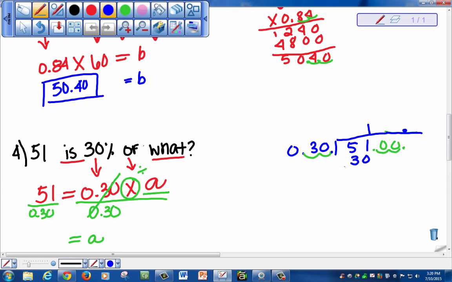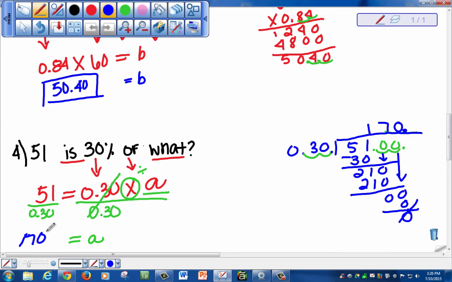So we have 30. We subtract, we bring down the 0, so it's 210. 30 goes into 210 7 times. That gives us 210. We subtract and it gives us 0. Now we bring down the 0, and 30 goes into 0 zero times, so it's just 0. So A equals 170. So we know that 51 is 30% of a whole, which is 170.